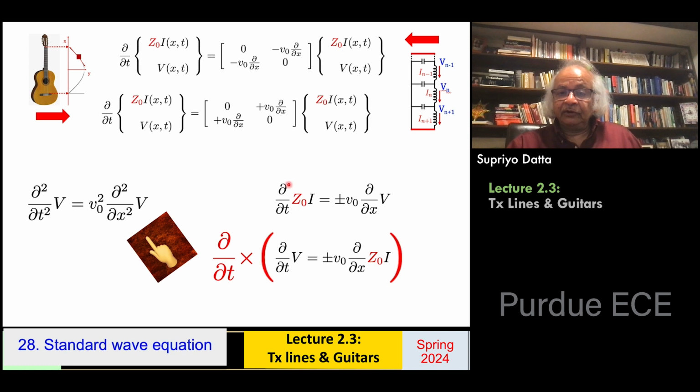But then I know that the derivative of I with respect to t is actually the derivative of V with respect to x. So finally what I have is the second derivative of V with respect to x, partial derivative of course. So these two equations, which involved first derivatives, can be combined into a single equation, but which involves second derivatives.